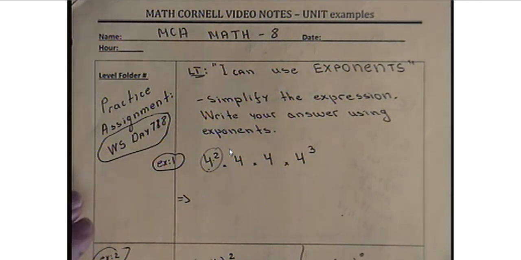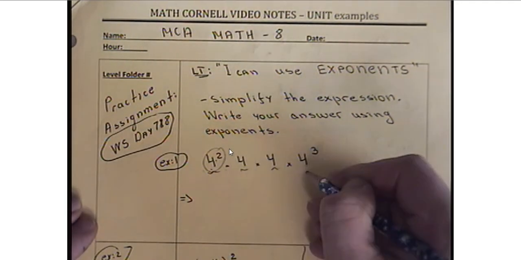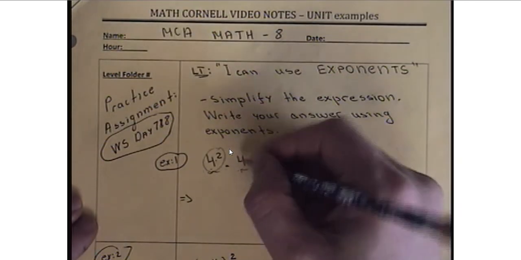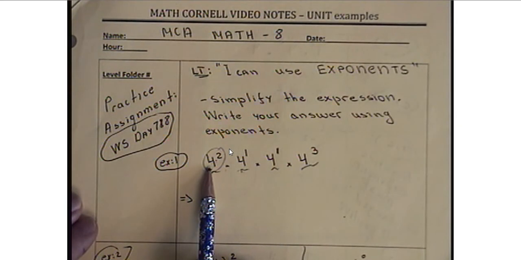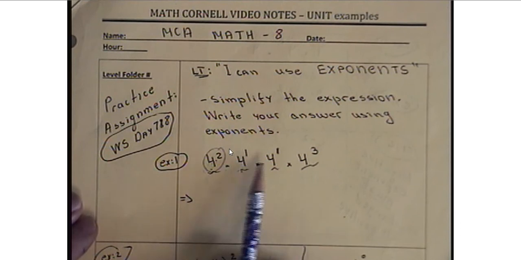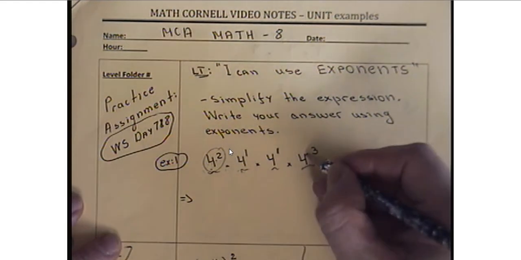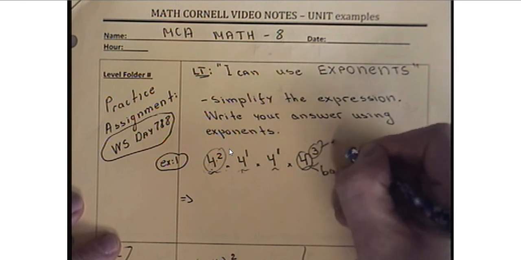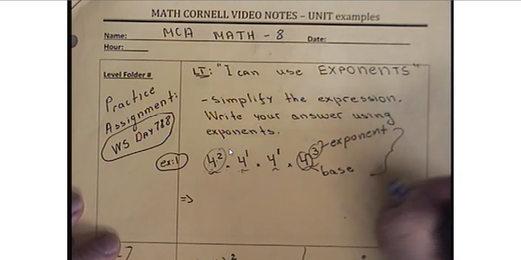If there is a number that doesn't have an exponent, it means the exponent is 1. The big number right here, 4, is what we call base. This number itself is base, this number here is exponent, and this whole thing is what we call power.